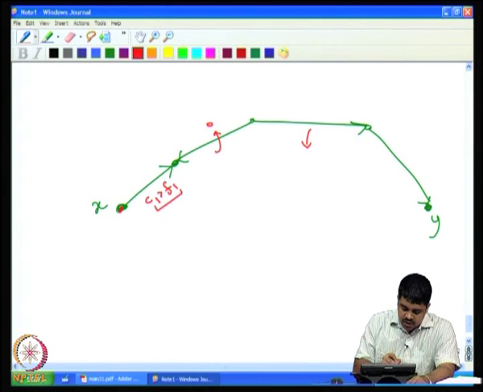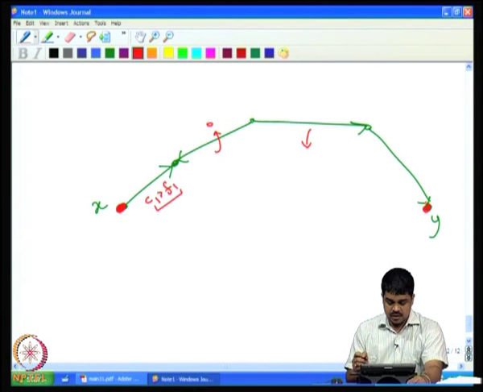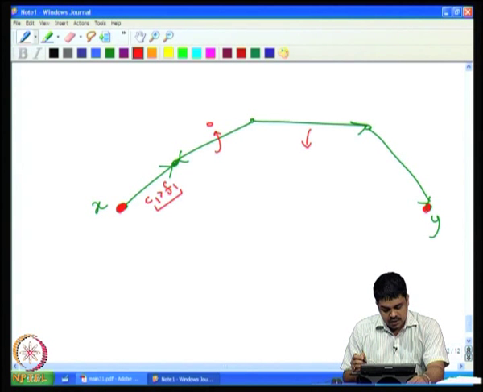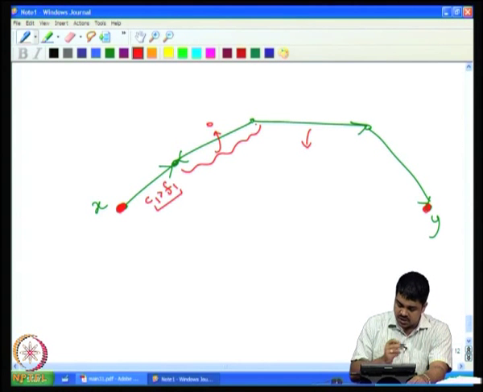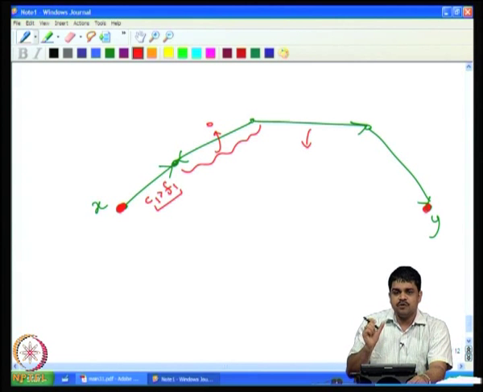So, what we are thinking is to find a path from x to y, sometimes containing forward edges, sometimes containing backward edges, which gives us some possibility of increasing the flow.